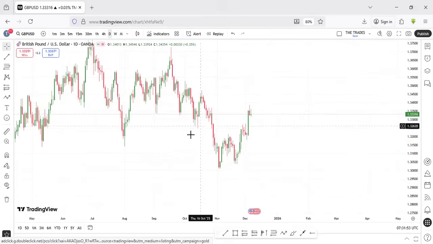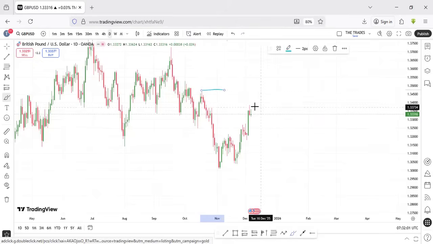I think that is what GBPUSD is trying to do, right? It wants to take out at least one internal structure before continuation to the downside, because from what we can see, the market is creating series of lower lows and lower highs.